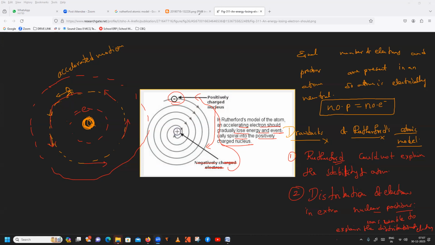Extra nuclear portion means outside the nucleus, far away from the nucleus. The nucleus is at the center. So in the orbits, how these electrons are arranged is not explained by Mr. Rutherford. He did not give a proper explanation. That is why it is a drawback.